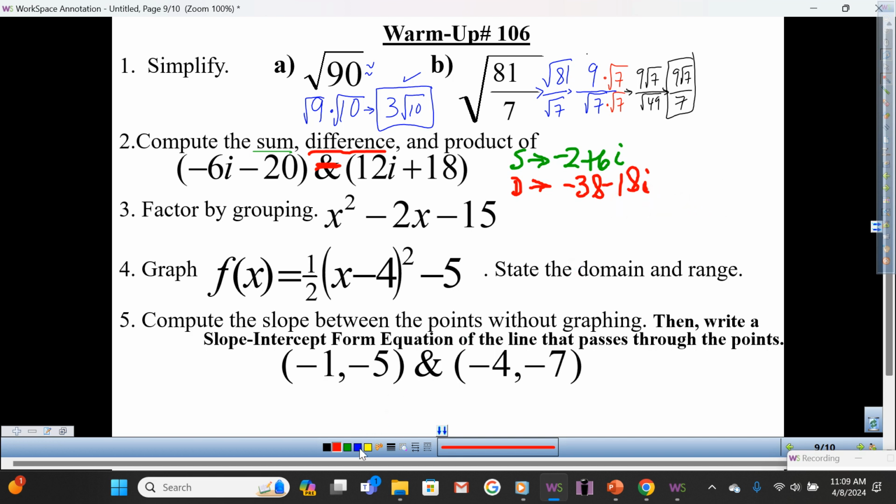And product. Show your neighbor what you got for product when you multiply those. What'd you get for the product for that one? How about Brandon? What'd you get?